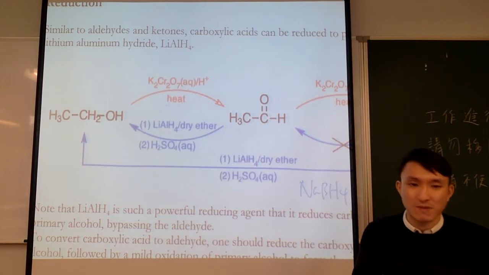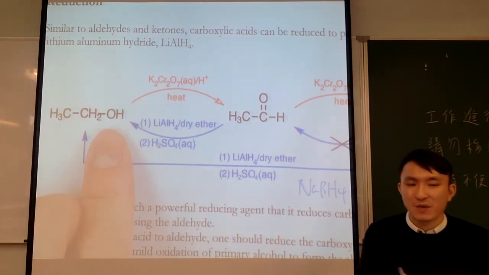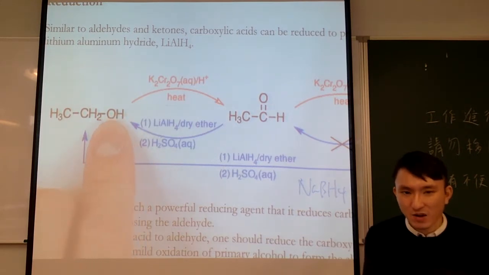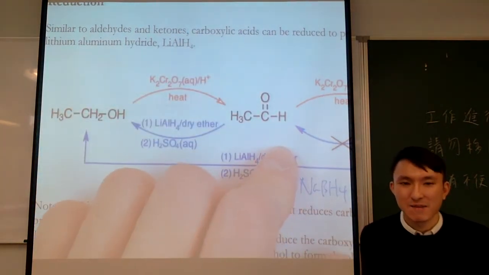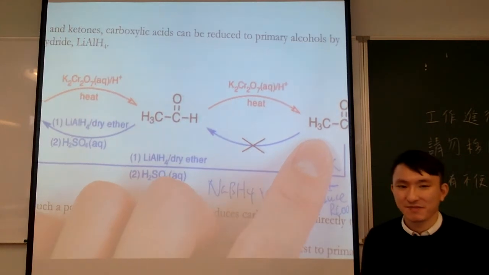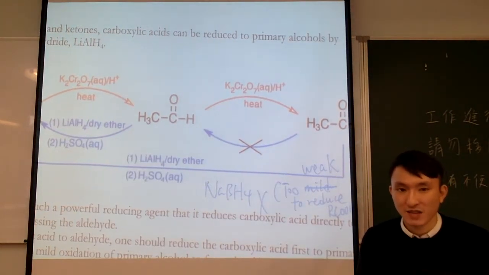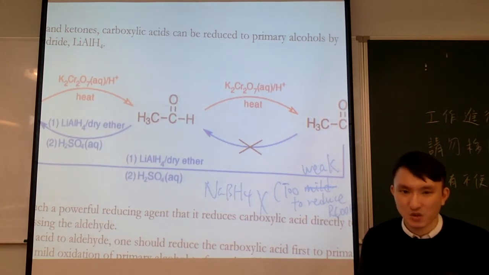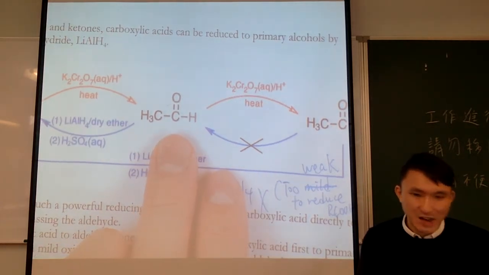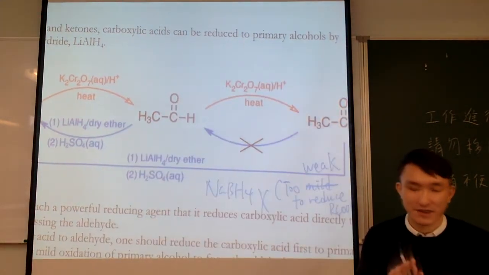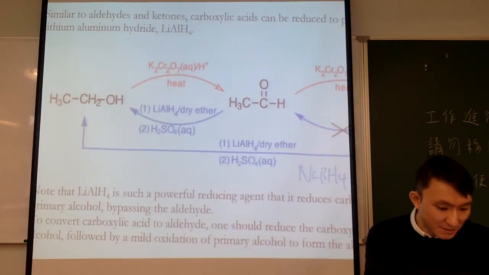And I hope you still remember how we ensure the alcohol is oxidized to aldehyde but not carboxylic acid. We use a certain experimental setup to ensure that the aldehyde will not be further oxidized to carboxylic acid. So that's the idea.